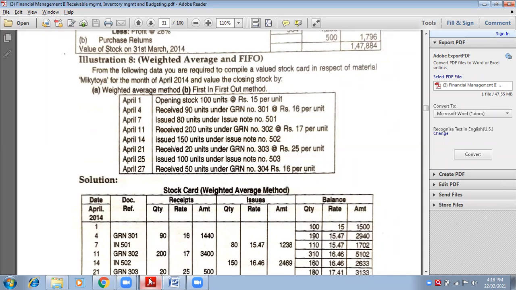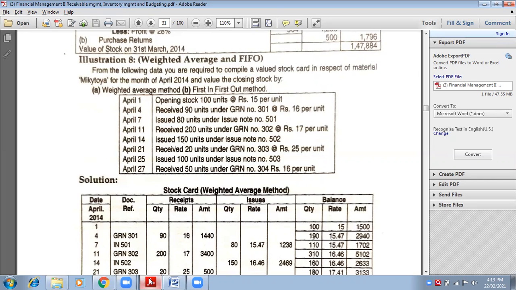We have taken out 40 units from the 200 units slot, and the 200 slot had the rate of 17 per unit. Therefore, 40 units will also be multiplied with 17 per unit. Tell me, 40 into 17 is how much? 680, ma'am.